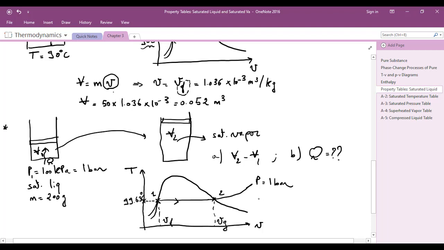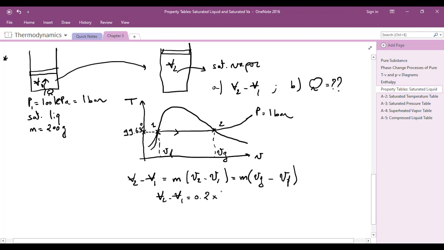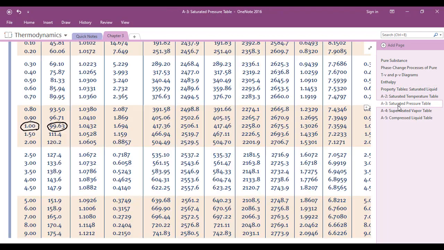If we want to calculate the change in volume V2 minus V1, it is the mass times specific volume 2 minus specific volume 1, where the specific volume at 2 is Vg and the specific volume at 1 is Vf. So V2 minus V1 is equal to the mass 0.2 kilograms times Vg minus Vf.